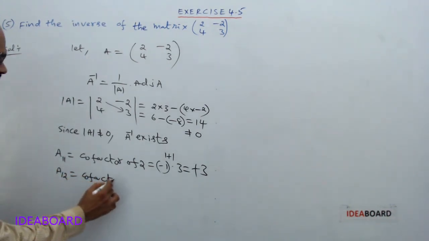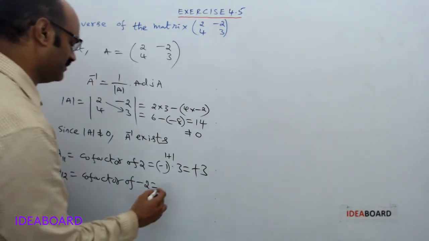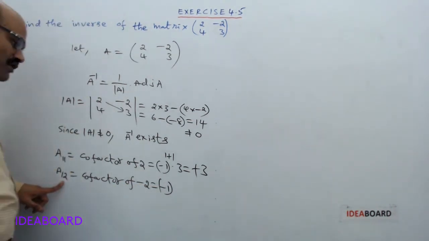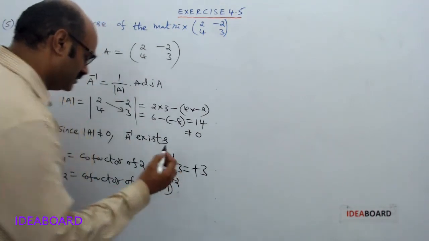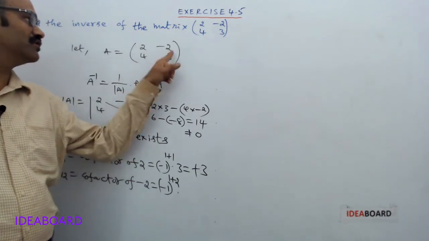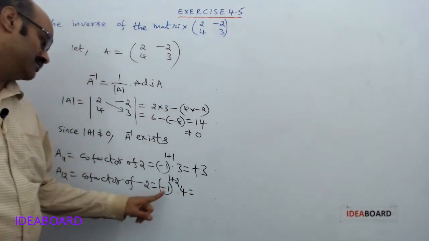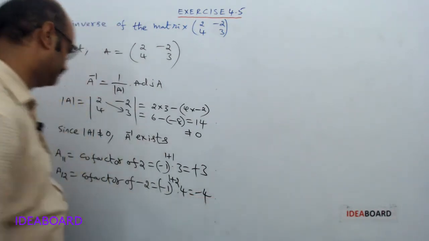A12 equal to cofactor of minus 2 equal to minus 1 whole power 1 plus 2 into minor of minus 2, which is 4. It implies we have minus 4.